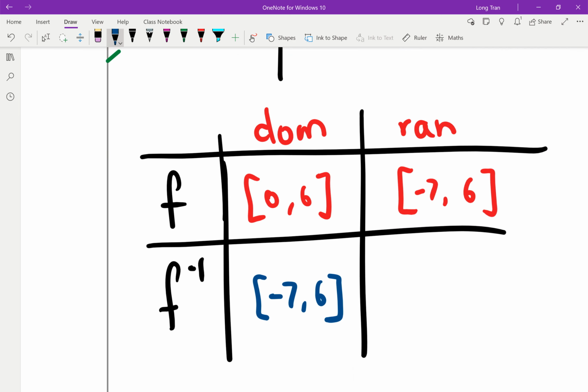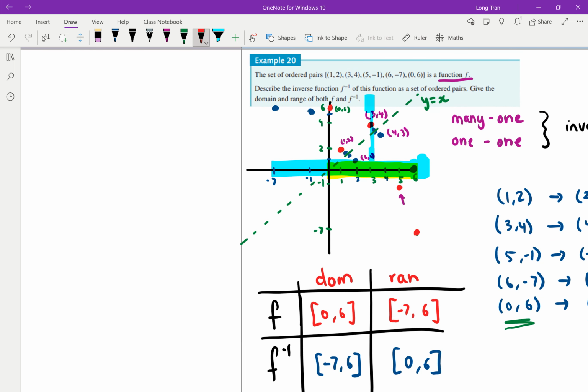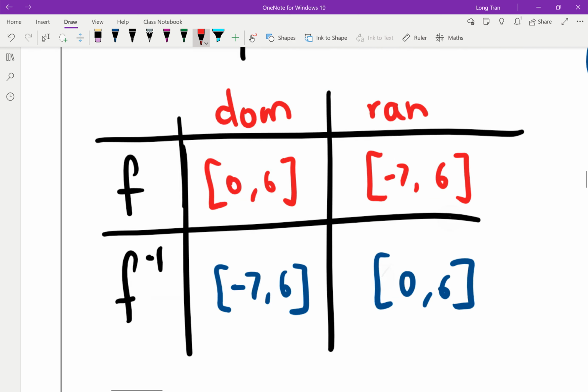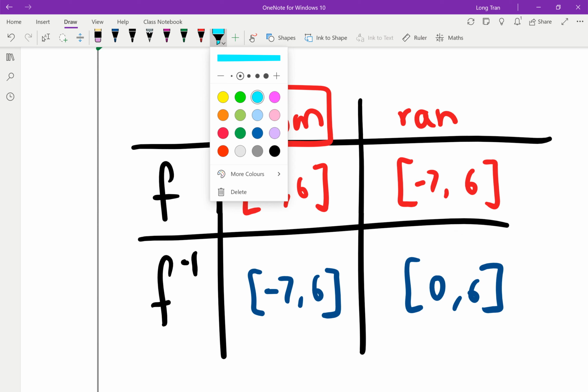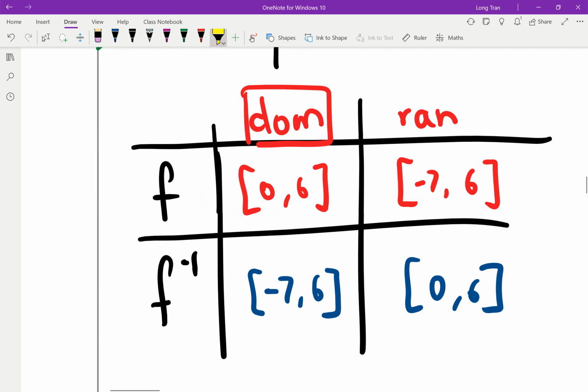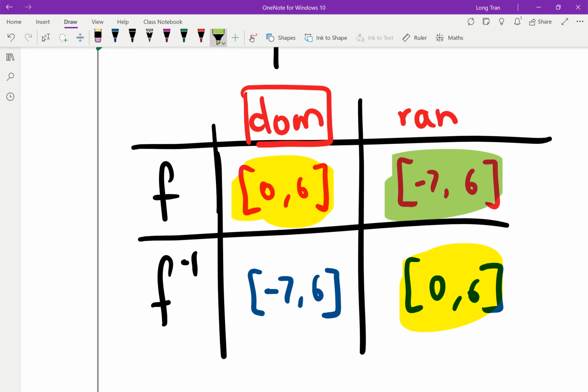And what's actually happened, can you see, not only when you flip it over the axes, it also swaps the domain and range. The domain of the function is now the range of the inverse, and the range of the function becomes the domain of the inverse.